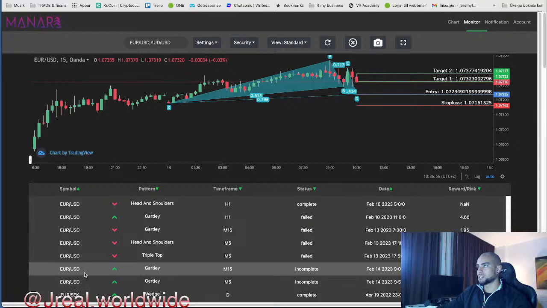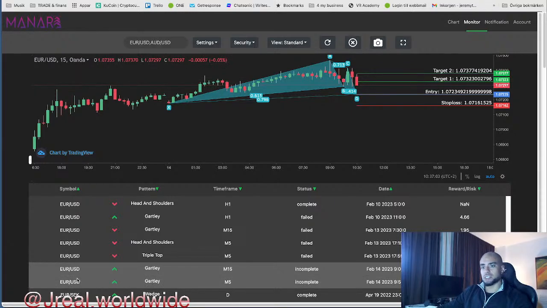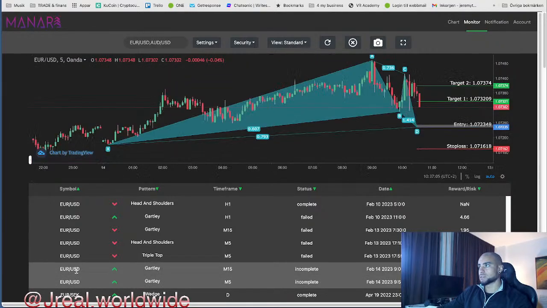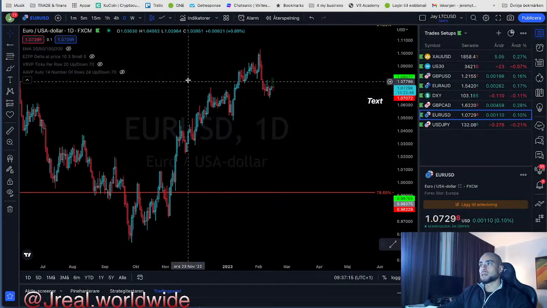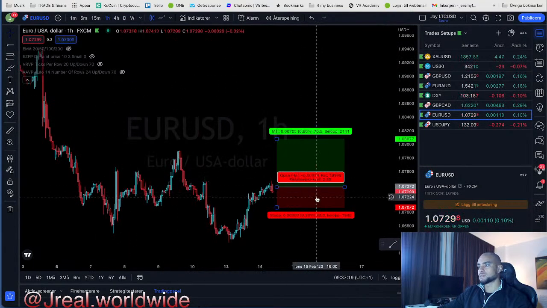This one is incomplete, but very interesting though. Okay, so from what I see now, this is the most interesting one. 10723. Let's look at this. Manara gives us an entry at about 10723.